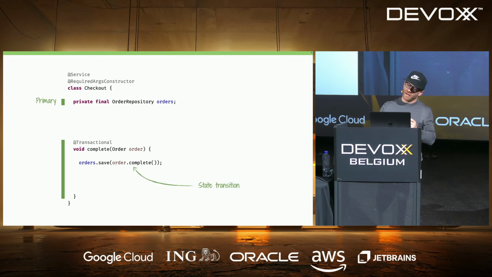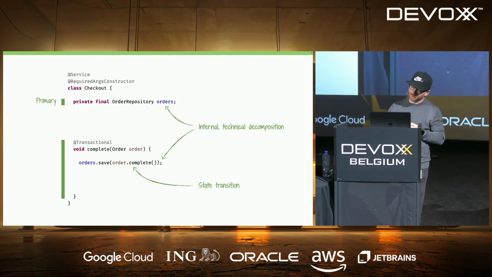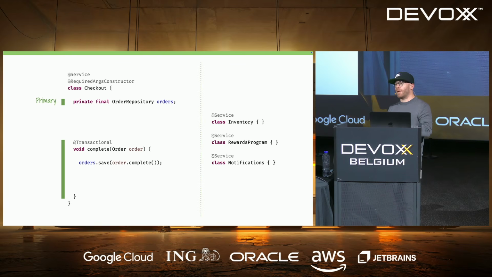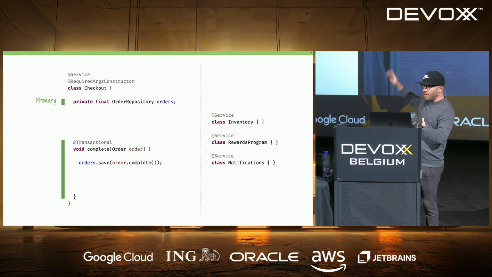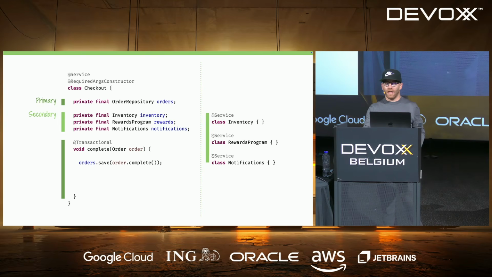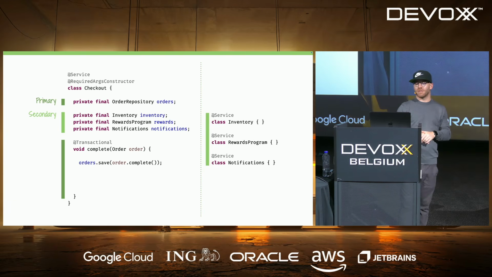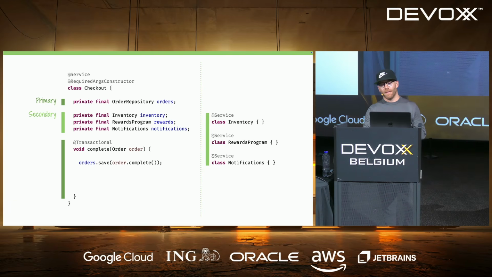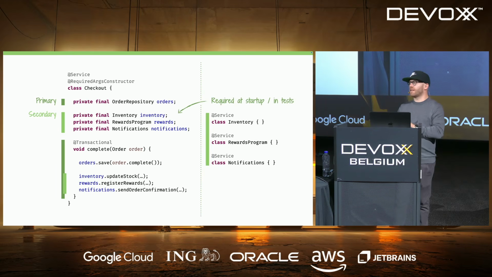So usually that's the state transition, internal technical composition, I said that. Usually what we have is these other classes exist as Spring Beans in some other place of the code base, and then we actually inject those. We use dependent constructor injection into the calling code, and then we call that secondary functionality afterwards, right?